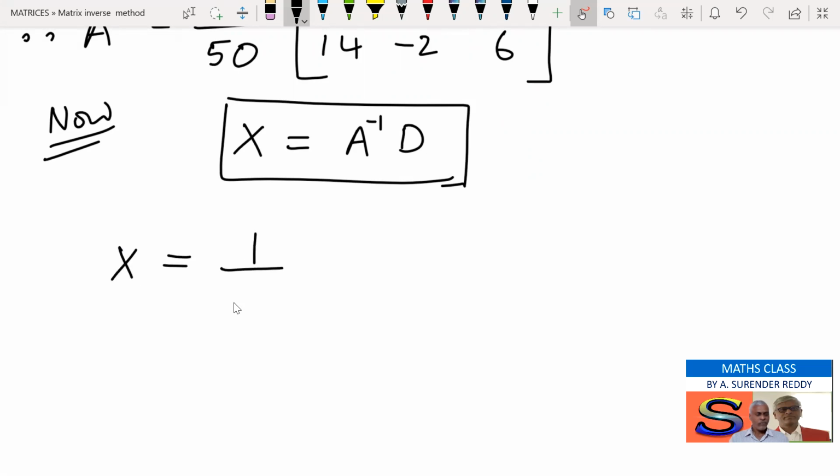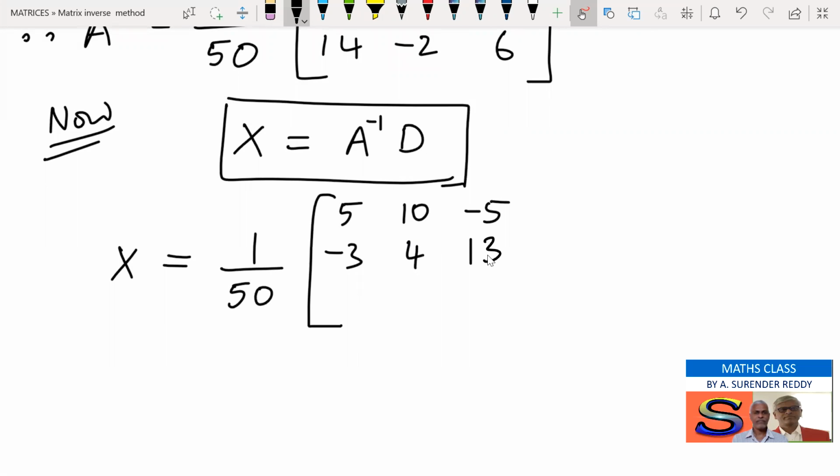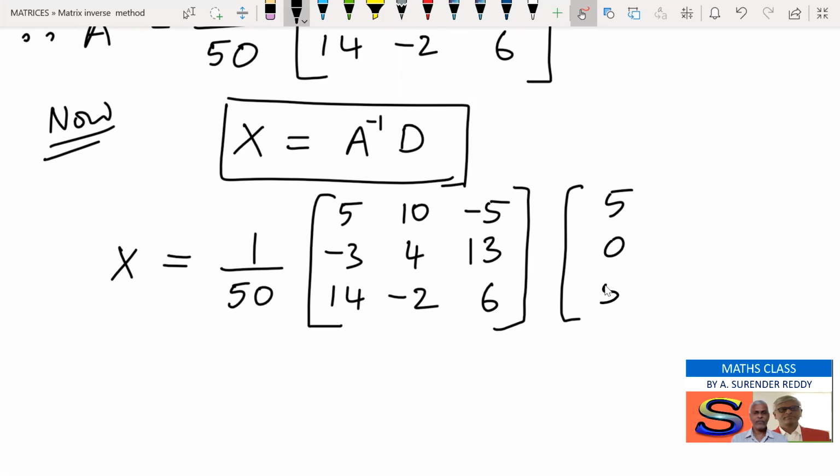A inverse is 1 by 50 and 5, 10, minus 5, minus 3, 4, 13, 14, minus 2, 6. So this is A inverse into D. What is D? The constant matrix 5, 0, 5.